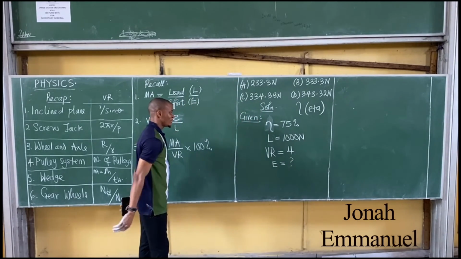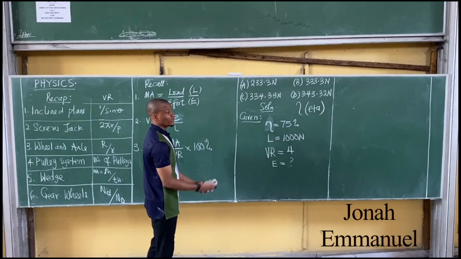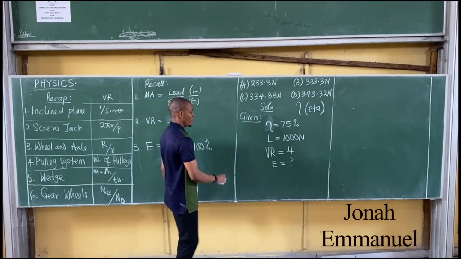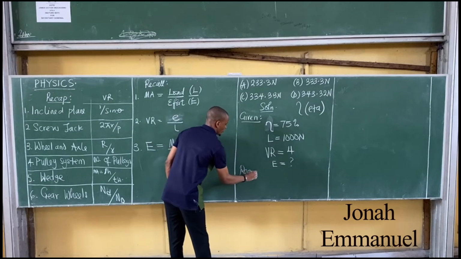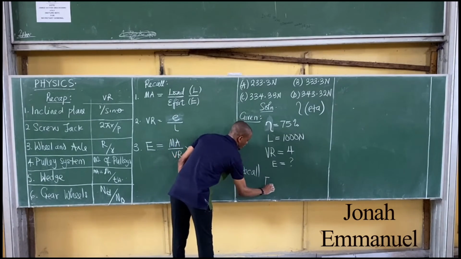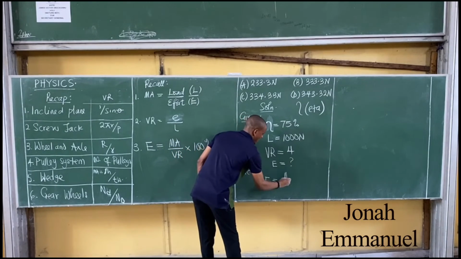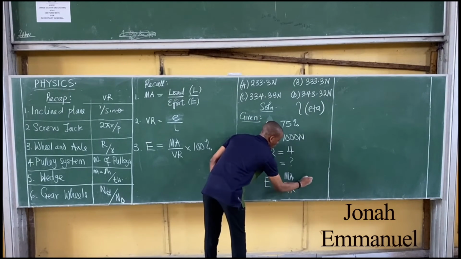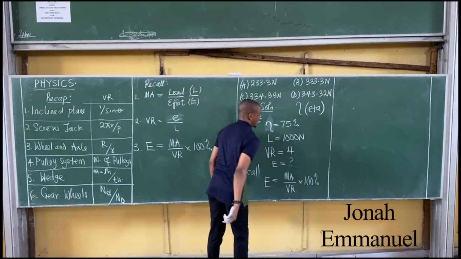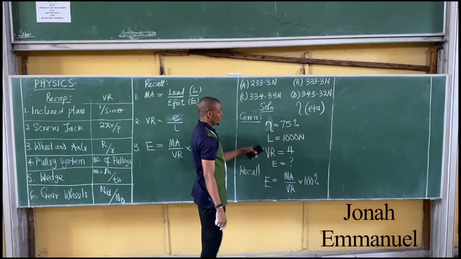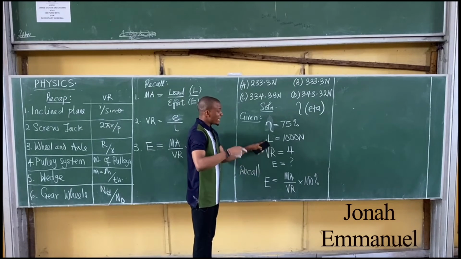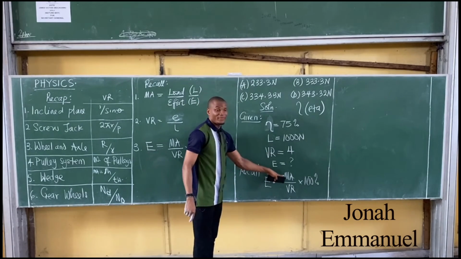So the question now is, how do you relate all of these? Recall your formulas from yesterday: efficiency is equal to mechanical advantage all over velocity ratio, times 100%. Since I have load and effort, that falls under mechanical advantage.